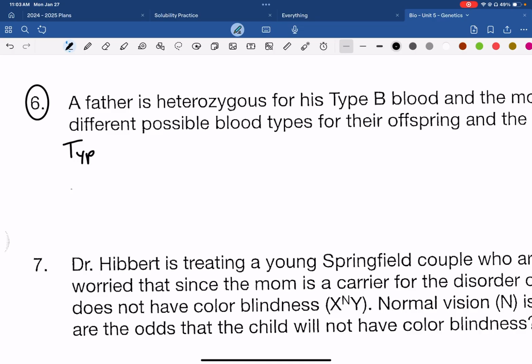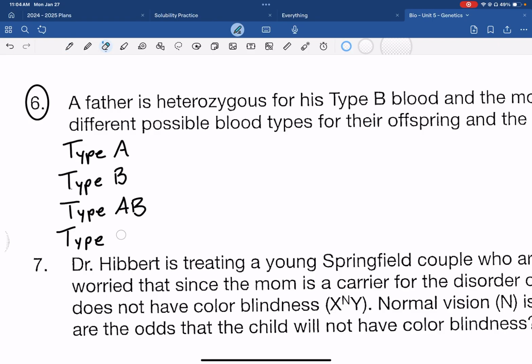So you can have type A, you can have type B, you can have type AB, and I had to resist the urge to write type C. But then you can have type O. Okay? So those are your possible phenotypes, what your cells would express.